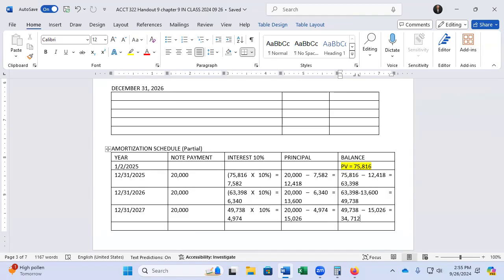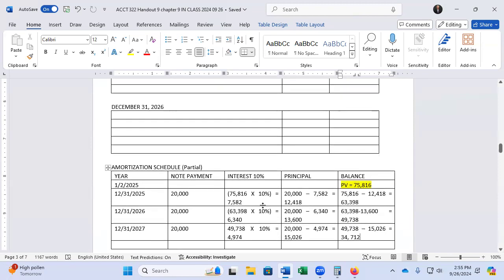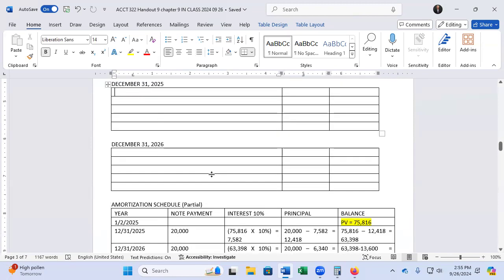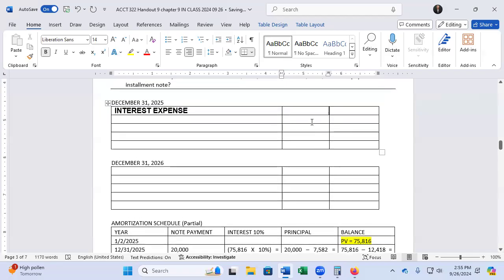So what does that entry look like? For 2025 and 2026, we've got all this information here. And remember that we have to record interest expense for the amount shown here, 7,582. We also made a payment on the note, right? So that reduces our notes payable.